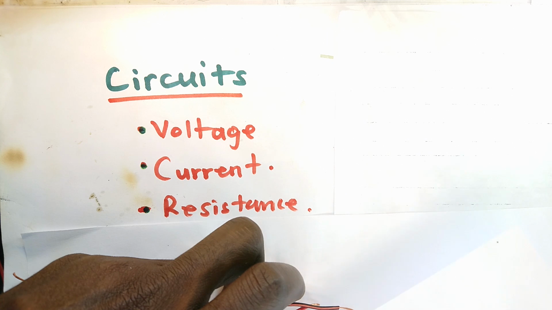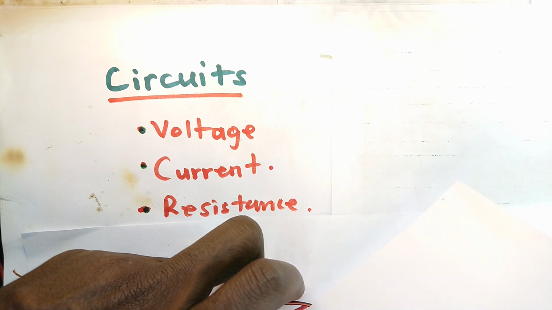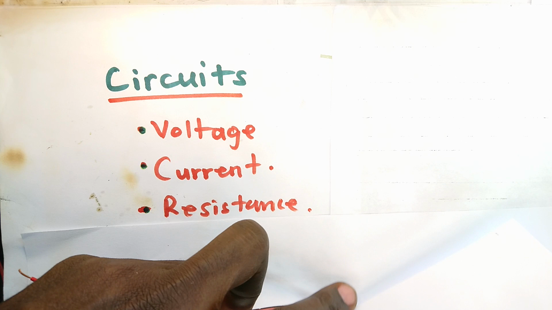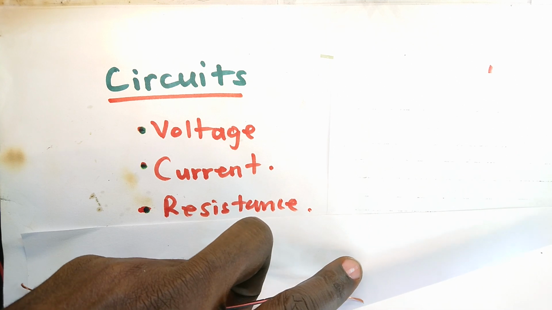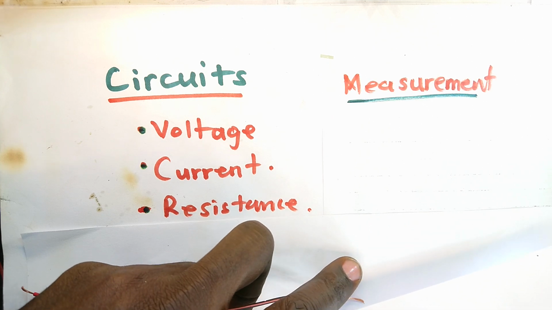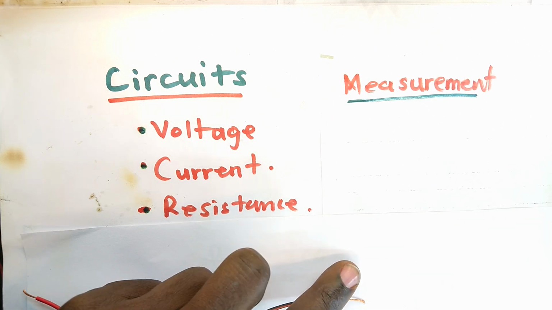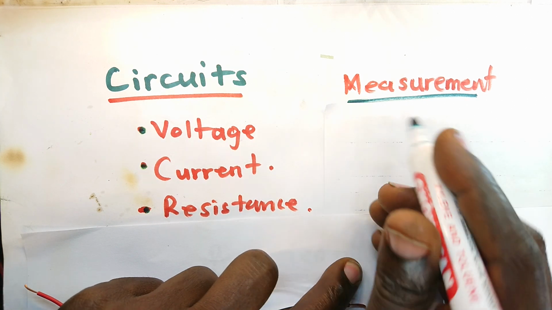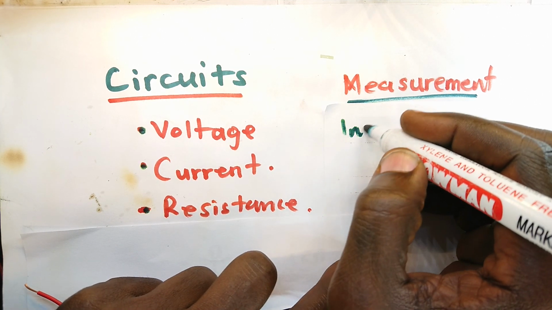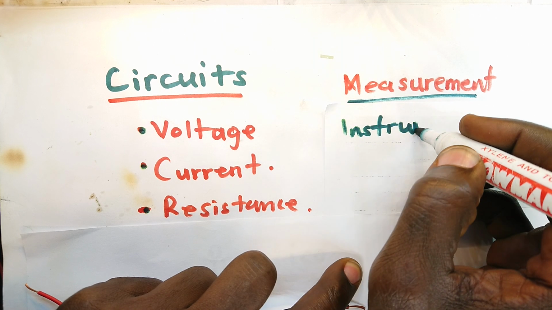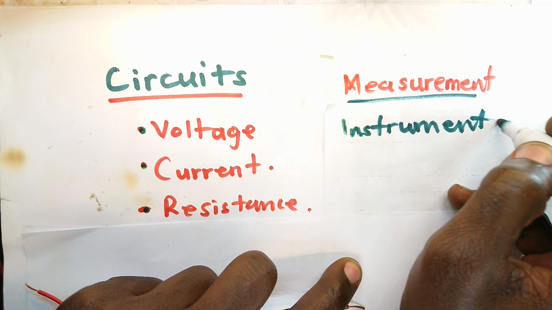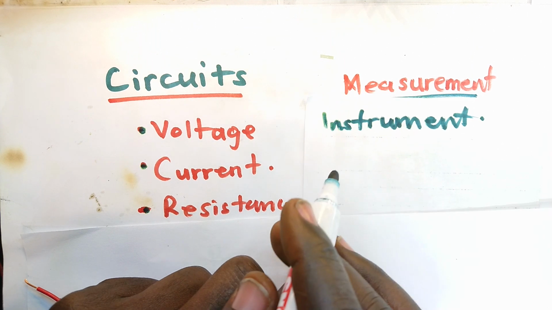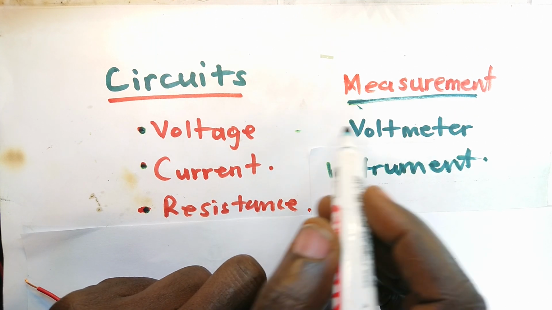Now we want to take you through those concepts and demonstrate them, and then also take you as far as to do with measurements of those values. Now of course that brings us to the idea that we will need instruments to take measurements, and if we were going to measure voltage, we would need a voltmeter like we mentioned earlier on.